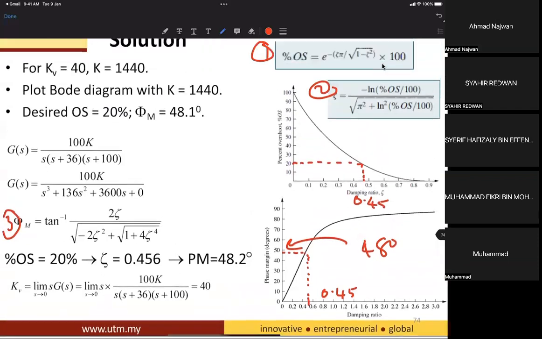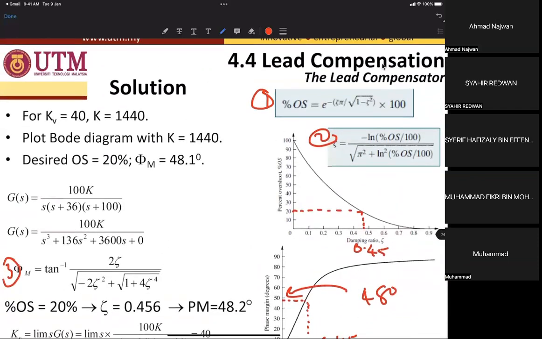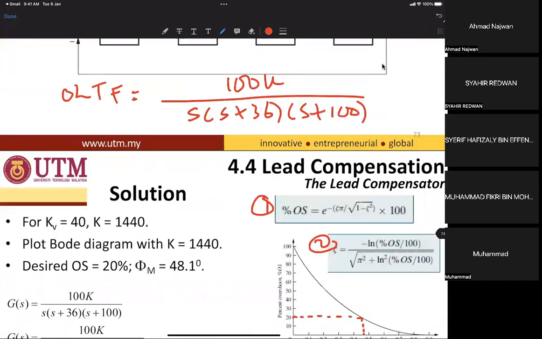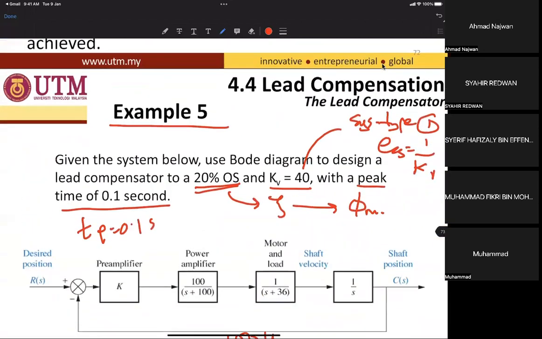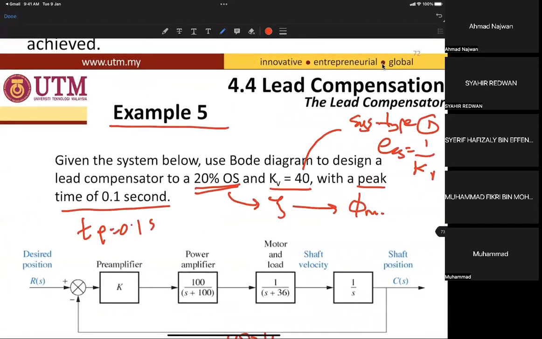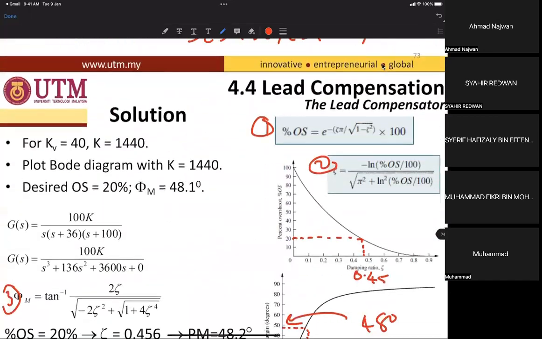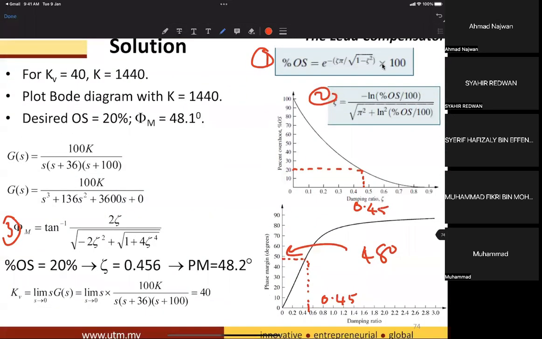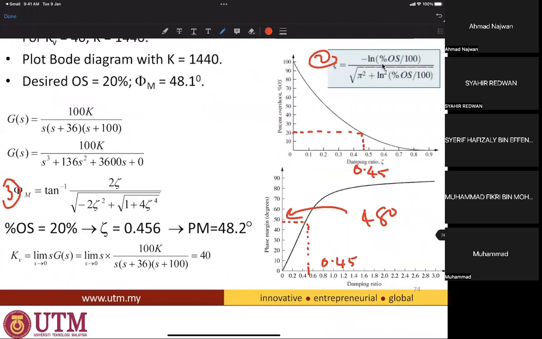So for KV equal to 40, K is equal to 1440. How do you get 1440?